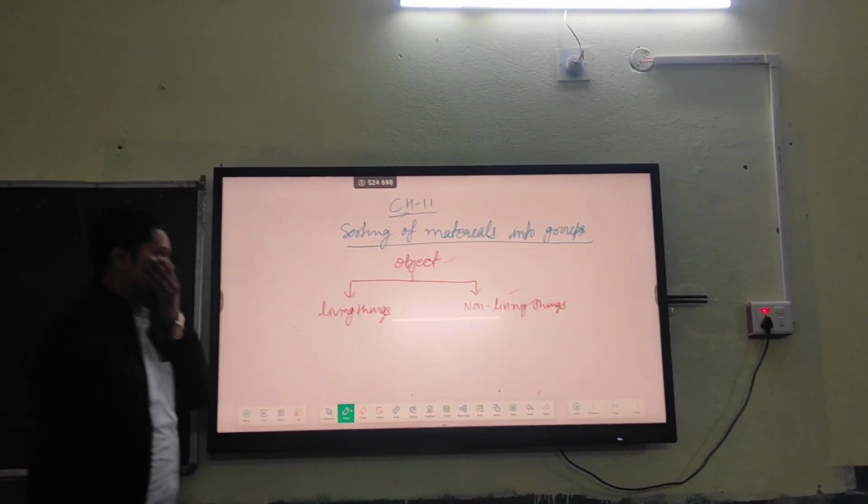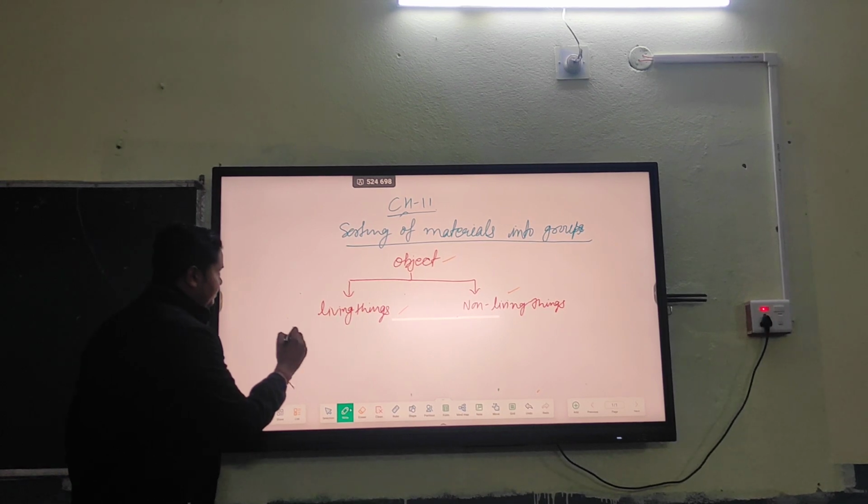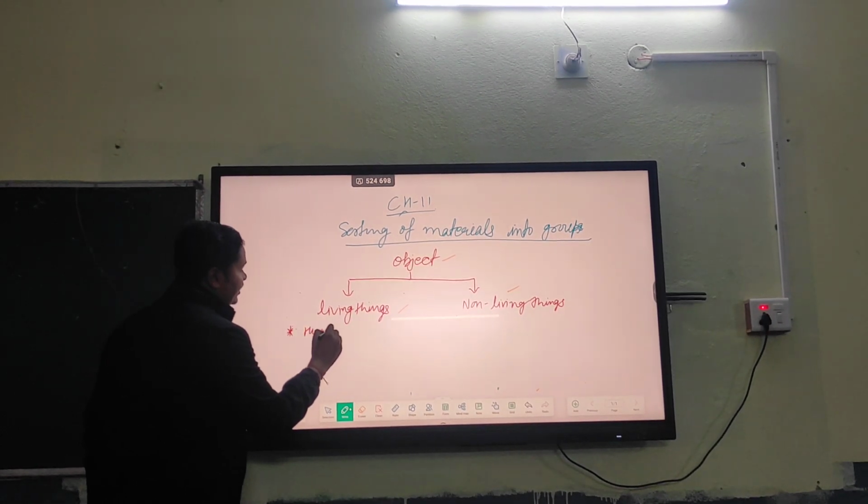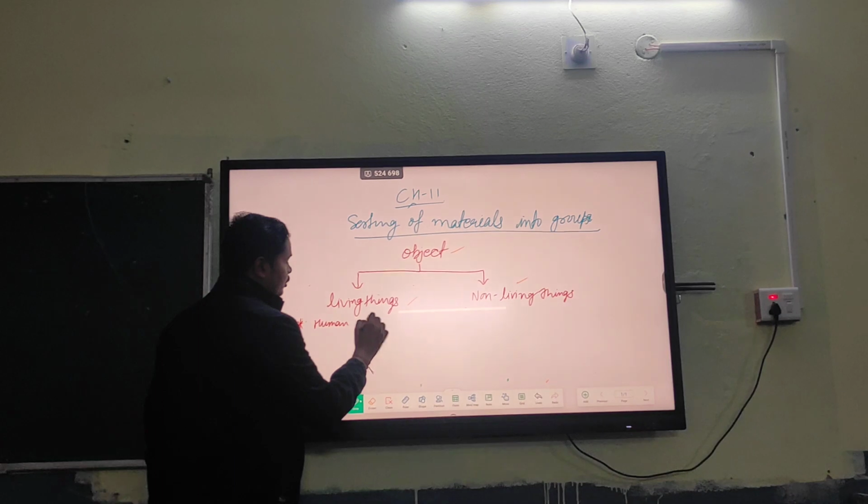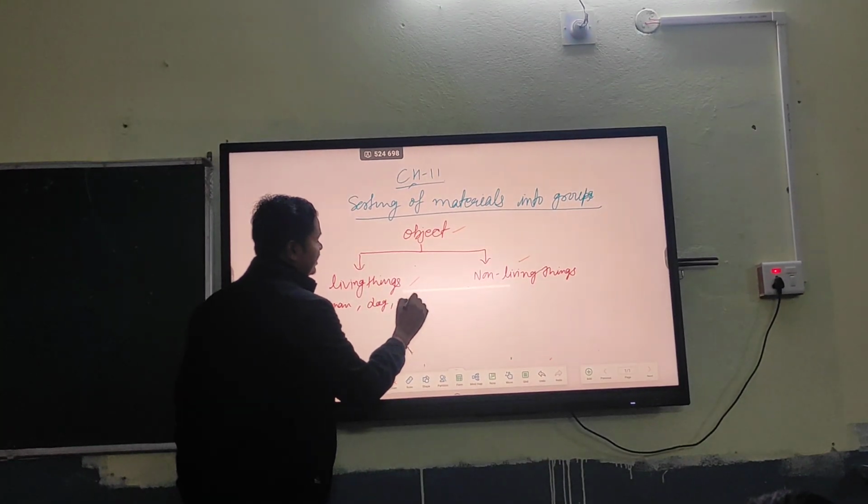Now, what are the basic differences? Humans are living things. Dogs are living things. Cats are living things.